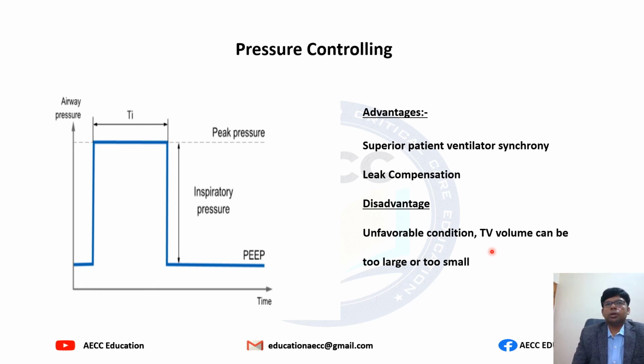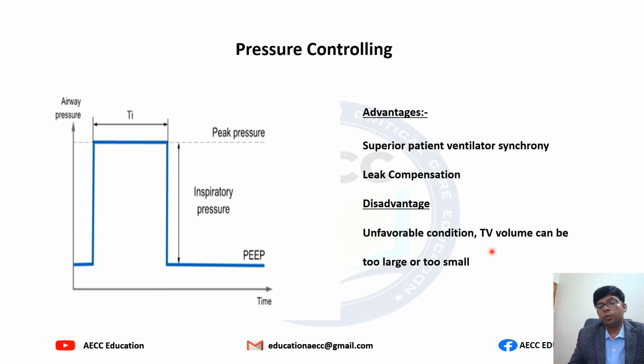Now, as we are putting the patient on the ventilator, the ventilator opens the lung. Now the compliance becomes better compared to the initial phase. At the same pressure gradient, the ventilator will now deliver more tidal volume.